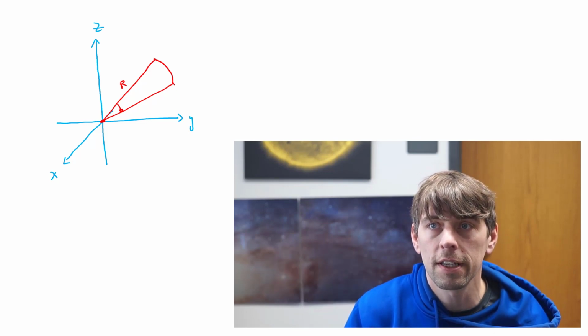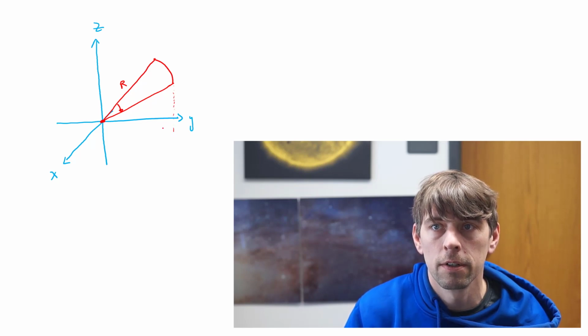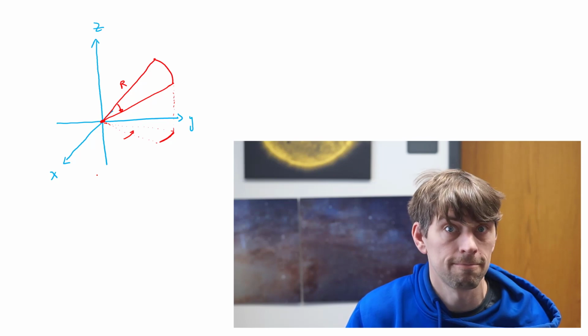But in addition to that, you could imagine that that r also sweeps back and forth. So imagine I take this r and I project it down into the xy plane. And that r also sweeps back and forth in the xy plane at some angle. Right, some angle here as well.